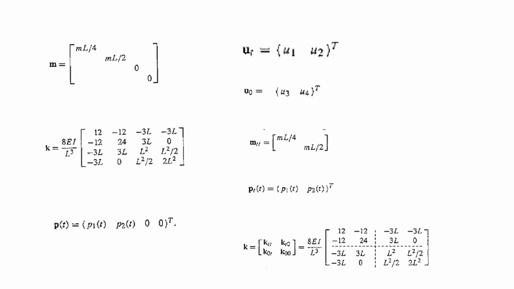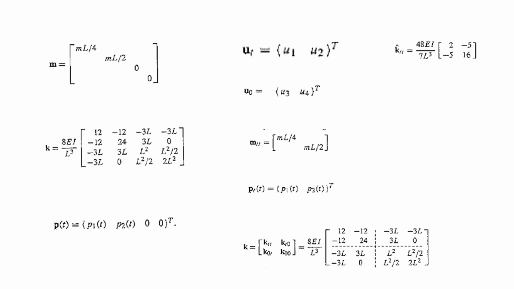Thereafter we obtain ktt, and that is 12, minus 12, minus 12, 24. From there, we can obtain ktt hat. I have already given you the formula for ktt hat, which has been determined earlier, and we can determine this matrix, which is equal to 48 EI by 7L cube times 2, minus 5, minus 5, 16.